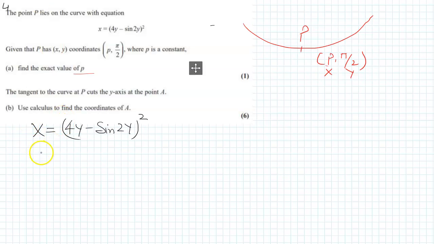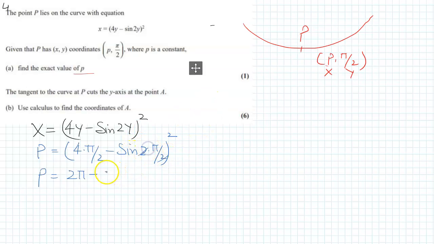So x is p, equal to 4y − (sin 2y)². So p is equal to 2π − (sin π)², and sin π is 0.